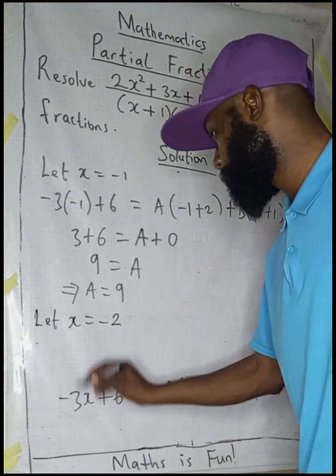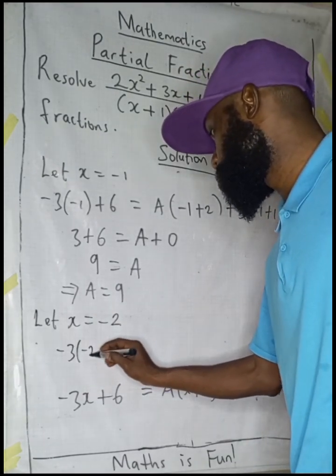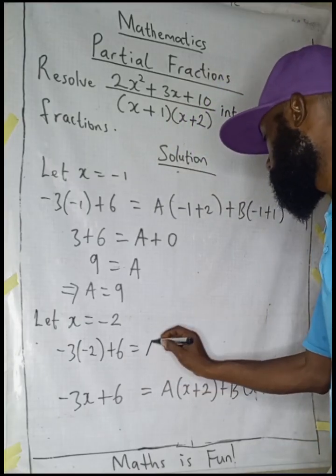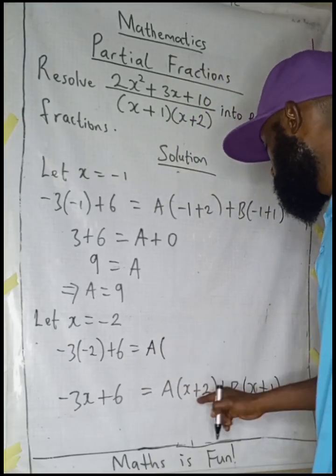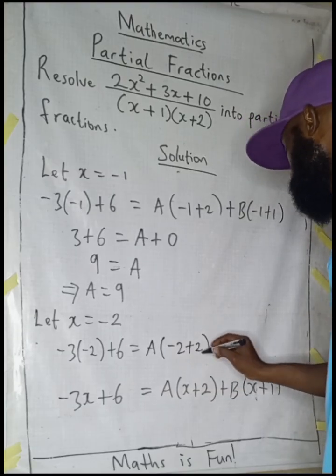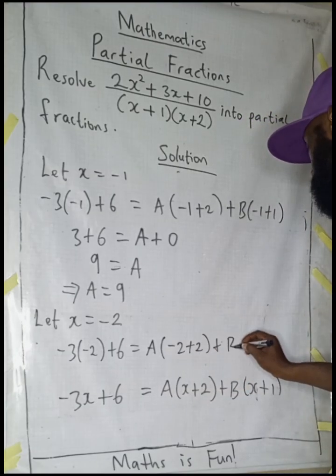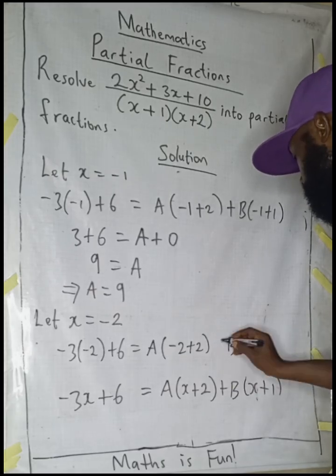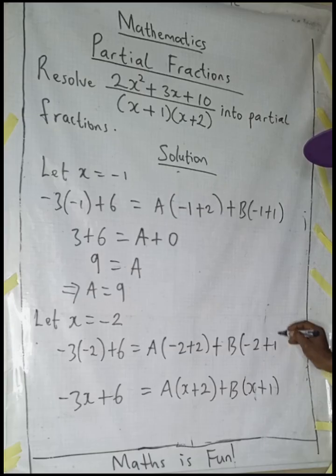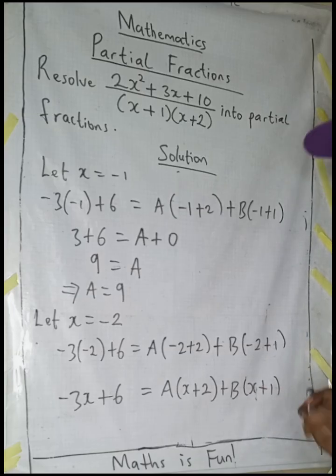So we have minus 3 times minus 2 plus 6 will be equal to a times, what do we have here? Minus 2 plus 2, plus b times minus 2 plus 1.